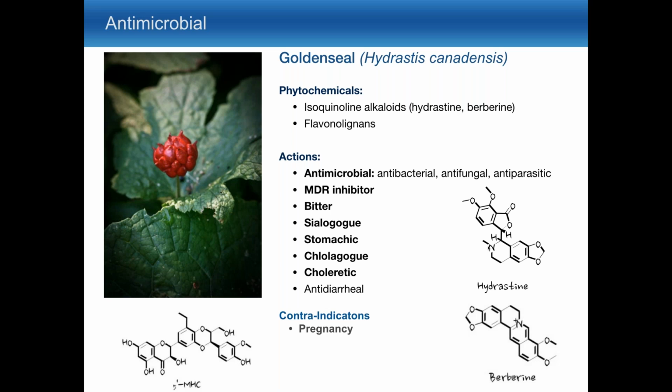Now, goldenseal is used in practice mostly for conditions of the gastrointestinal tract. So things like certain types of infectious diarrhea would be a good indication for that. You could use it in combination with other herbs for H. pylori infections or infections in the stomach.